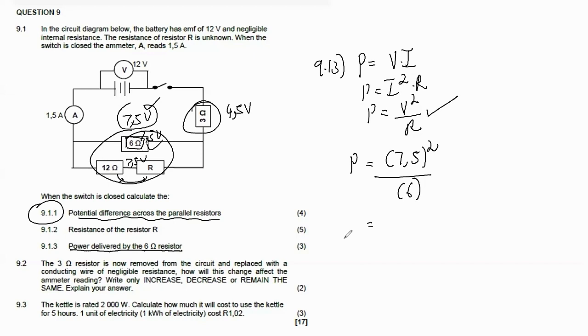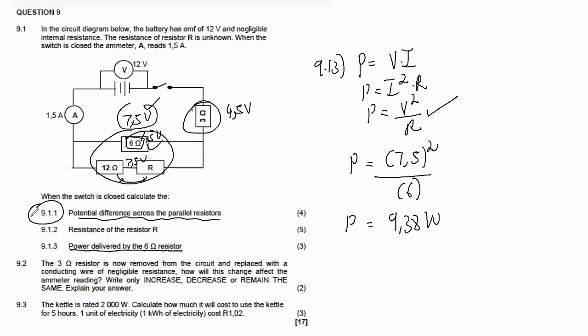Then at this point, if you punch it in your calculator, it's 9.38 watts, right? So your power is equal to 9.38 watts. And that's just how you were supposed to calculate that one.